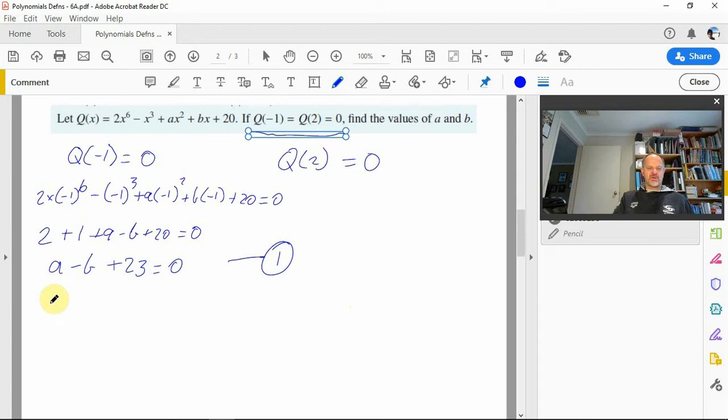And then we'll get another equation from our Q of 2.